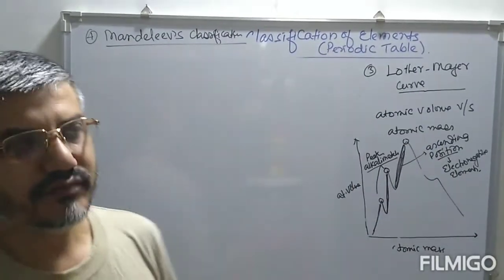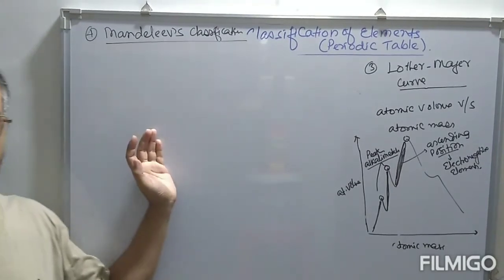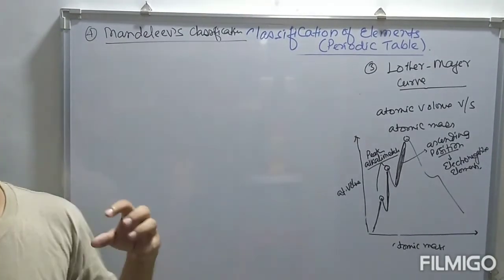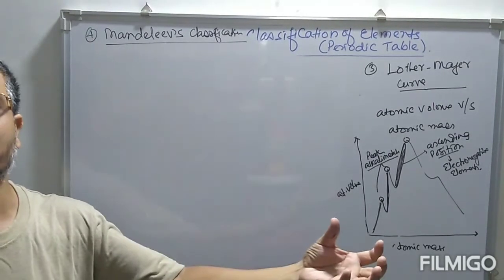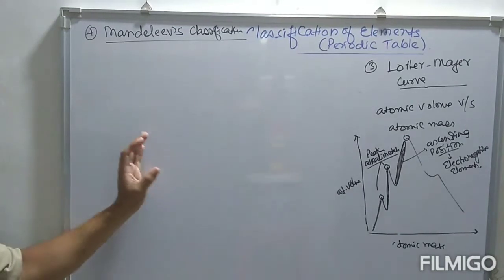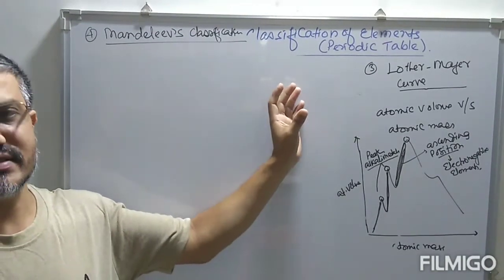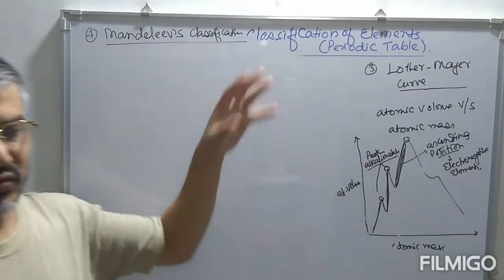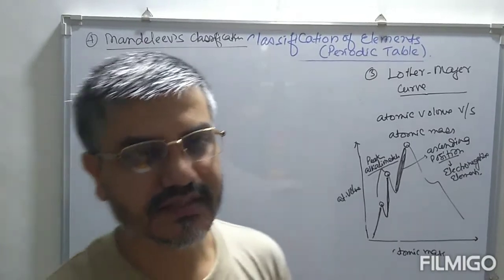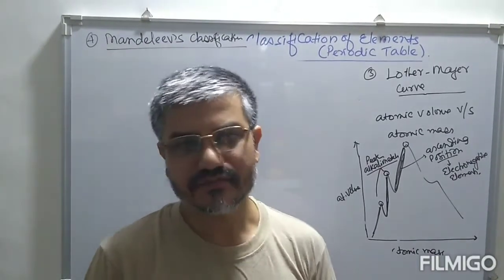Now, Mendeleev was the very first scientist who tried to classify all the available elements of his time into a certain set of characteristics. So classification of elements basically is credited to Mendeleev because he was the first scientist who classified all the elements available at this time.